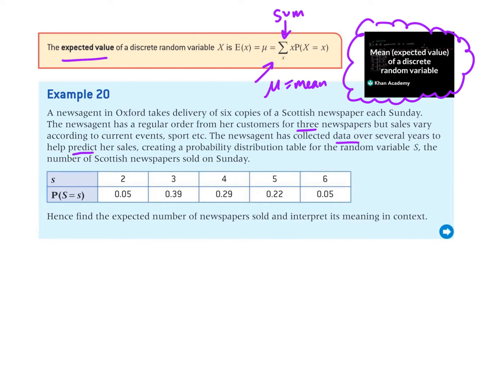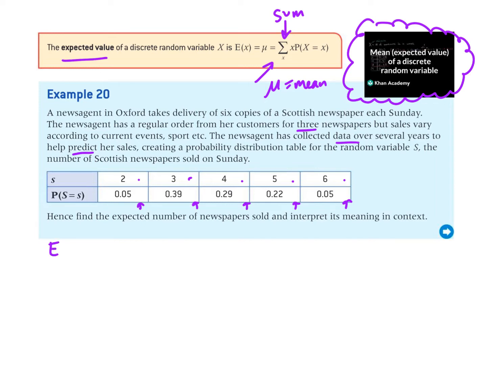So I have S, I have 2, 3, 4, 5, 6, and then I have the probability that I sell 2 of those newspapers, or 3, or 4, 5, or 6. It says find the expected number of newspapers sold and interpret its meaning in the context.